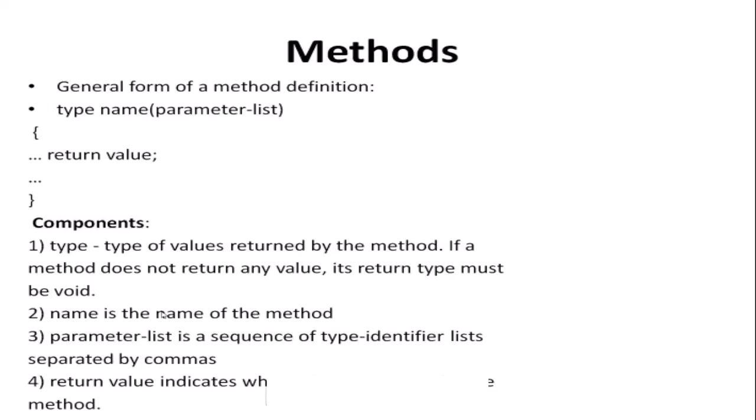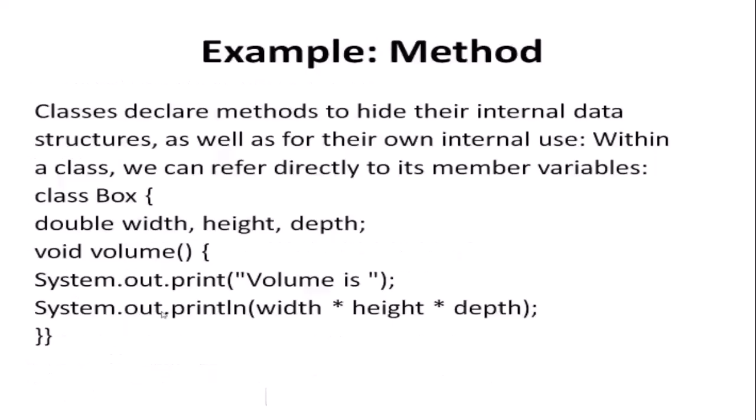Parameter list is a sequence of identifiers separated by commas. Return value indicates what value is returned by the method. So now here we have a method. The method is volume. In the previous slide we saw the Box, which is a constructor. Here the method is volume, and it defines width, height into depth.